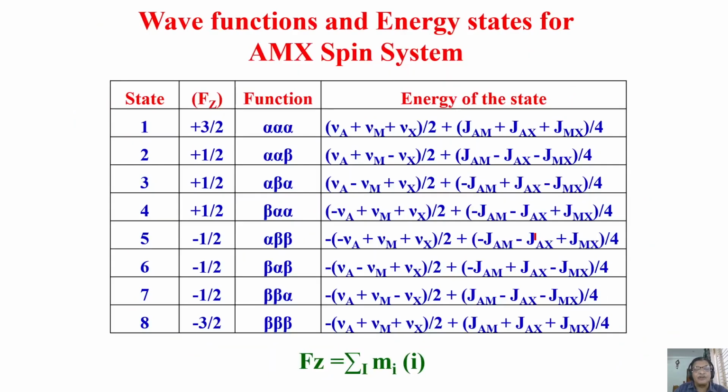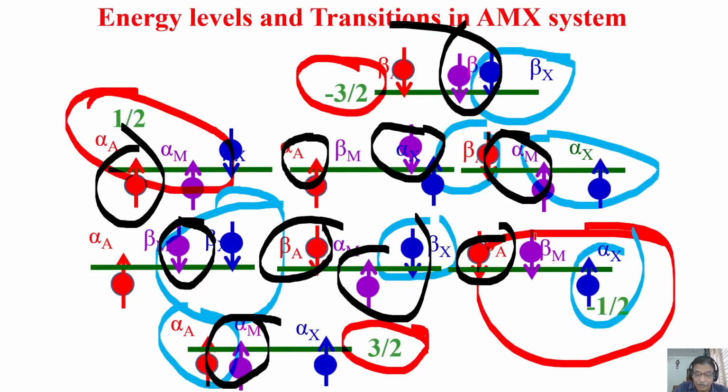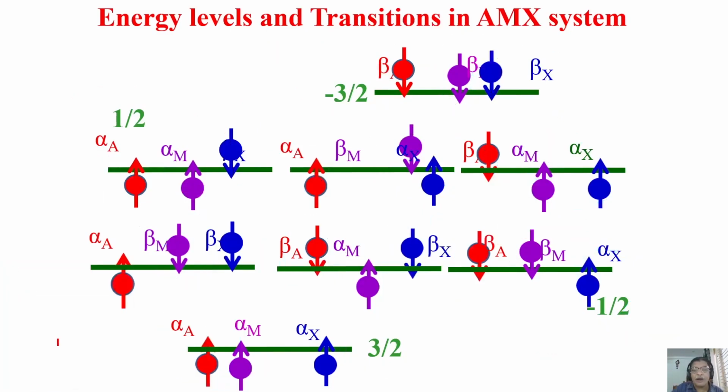Now we can discuss all the possible frequencies and calculate where these peaks come. If I know the chemical shifts of A, M and X, I can tell where the 4 peaks are coming, and which couplings are involved. In the next class we will discuss these things.